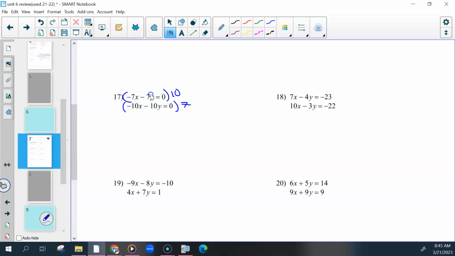So the first one would become negative 70x minus 70y equals 0. The second one would be negative 70x minus 70y equals 0. Then to eliminate our y's, would we add these together or subtract them?